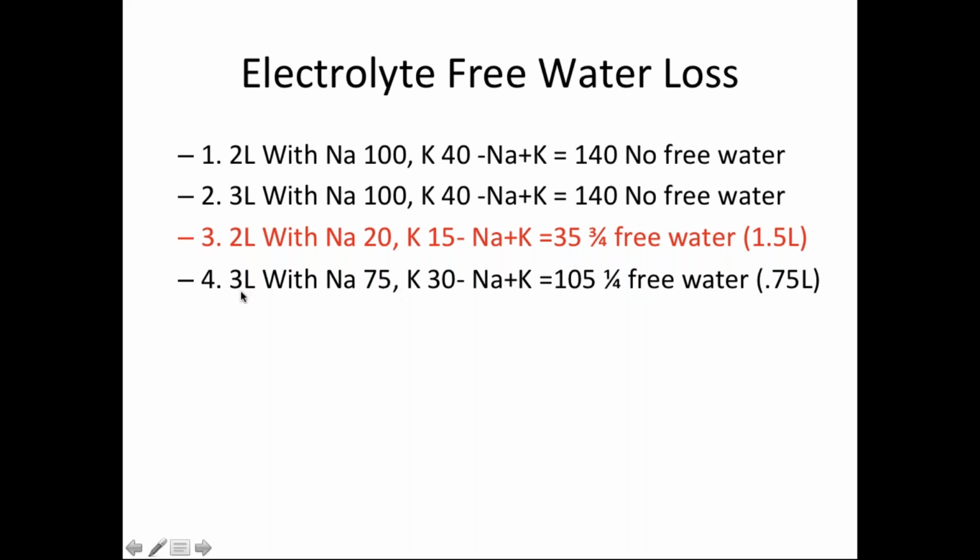In comparison, with the fourth one, where the sodium plus potassium is 105, 3/4 is associated with electrolytes and 1/4 would be free water. So out of 3 liters, 0.75. In all of these, the person who's having a 2-liter output with a sodium of 20 and potassium of 15 will have the highest increase in sodium and hypernatremia if he is not getting any free water replacement.